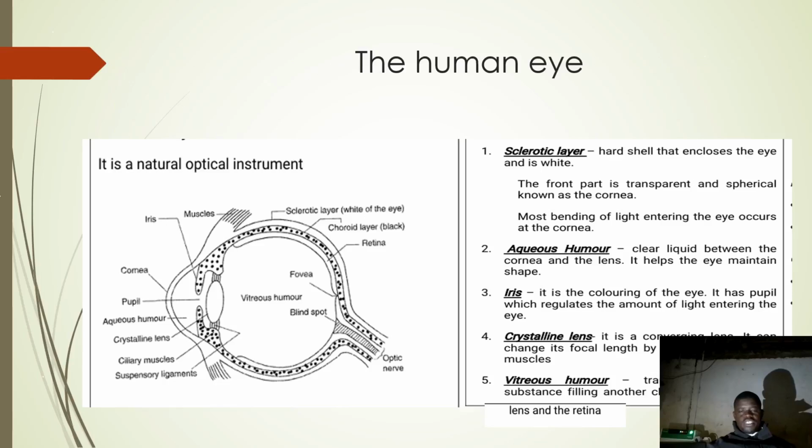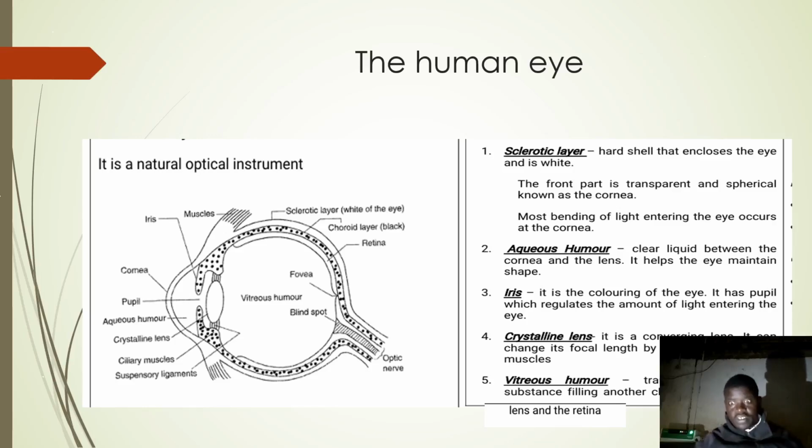Now, to start with, we are going to look at the human eye. So this is a natural optical instrument, and you can see the main parts. We have the cornea, the pupil, the iris, the sclerotic layer or white of the eye, and the choroid layer, which is also black.